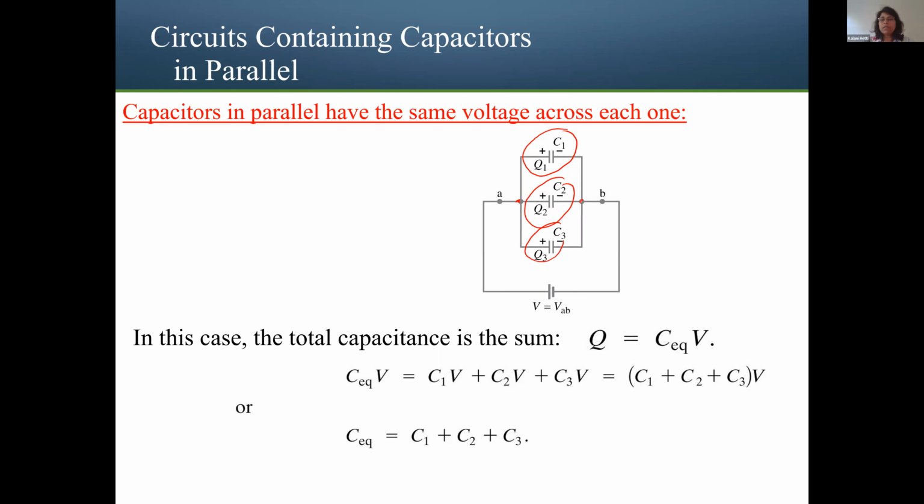What that means is they have different charges on each capacitor, because they have different wires. This one has one wire, this one has different wires. Because of that, they have different charges. You're going to have the same voltage, because these are the two terminals connecting to your power supply. That means the voltage between these two terminals, these two or these two, is going to be the same, but they have different charges.